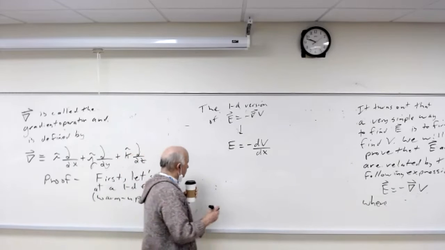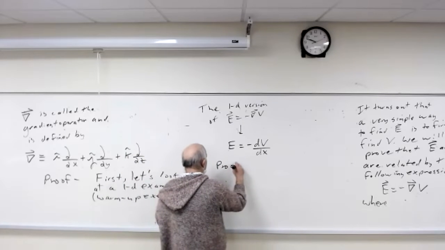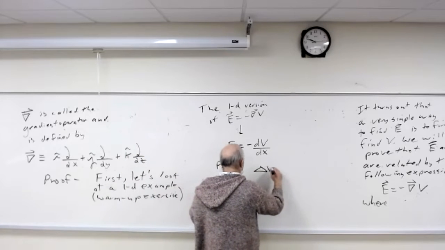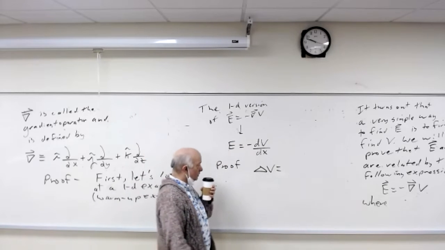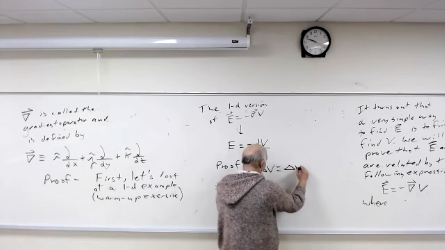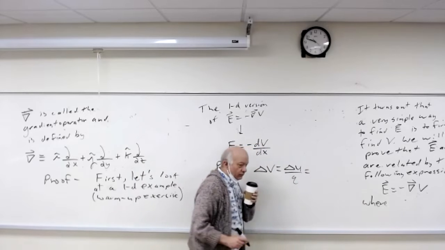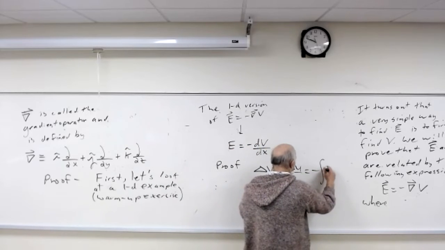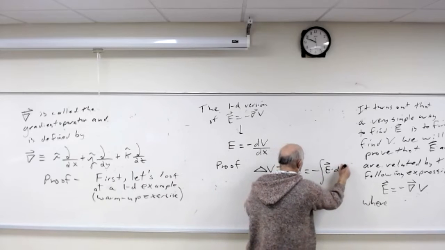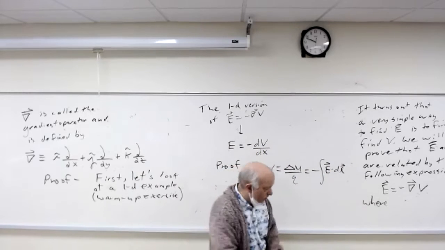Let me do the proof of this. I did define a voltage difference, delta U over Q. But we also know we can write that as the negative integral of the electric field dot dl, from beginning to end.